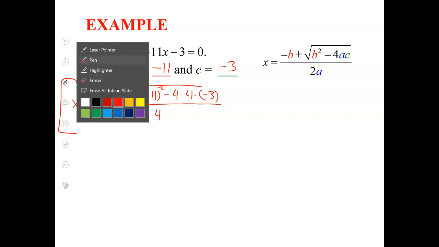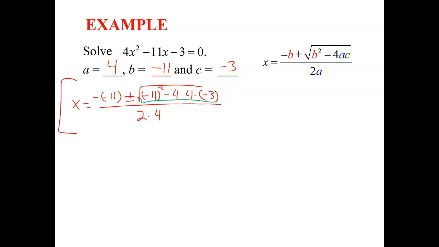Okay? So I like to do under the radical first. So negative 11 squared is what? What's negative 11 squared? 121. Okay? So I got 121. Okay? And then negative 4 times negative 3. The calculator will do it for you. I'm just doing it in chunks. You type negative 4 times negative 3.